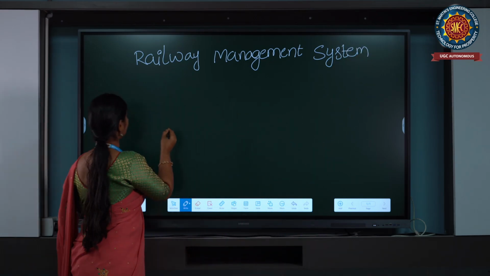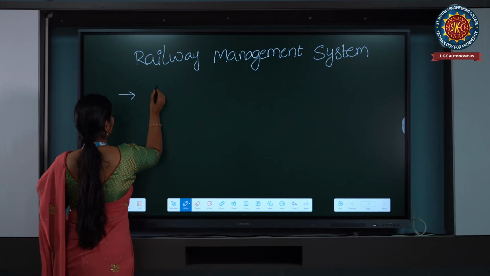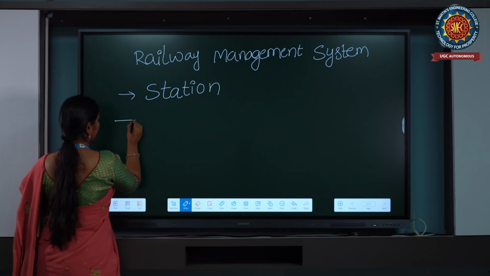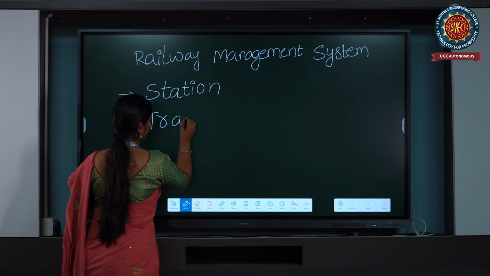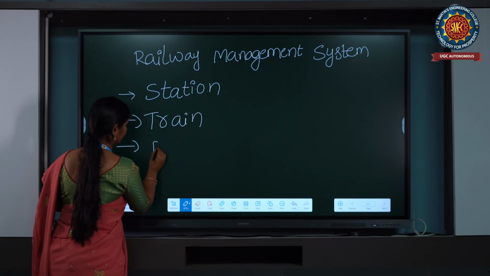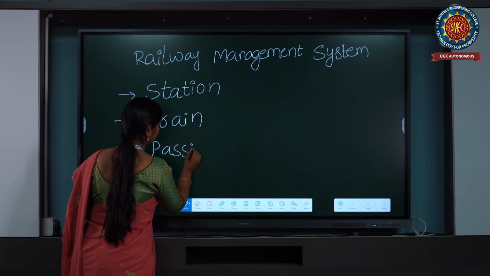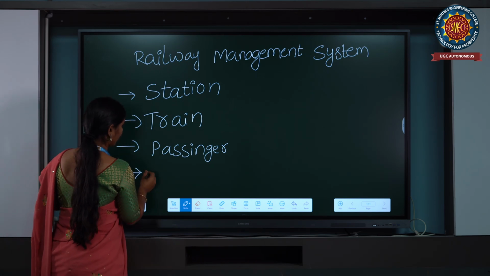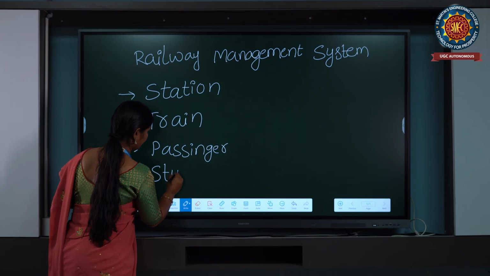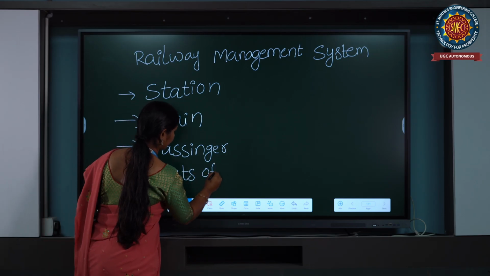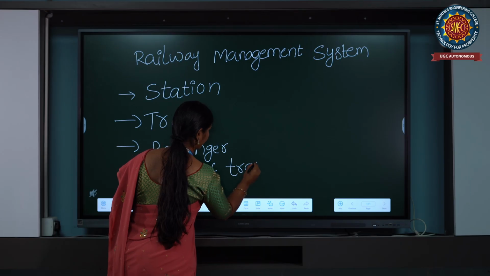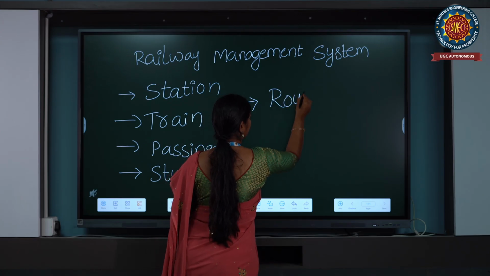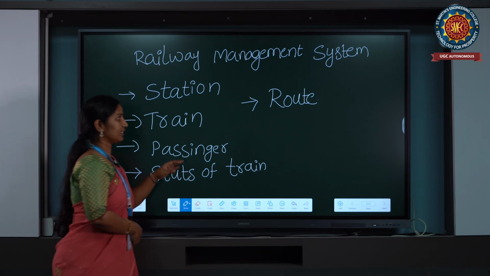I am taking the different entities like station, train, passenger, the next one is the status of the train, and the next one is the route. These all are physically existing, and the route also exists logically.